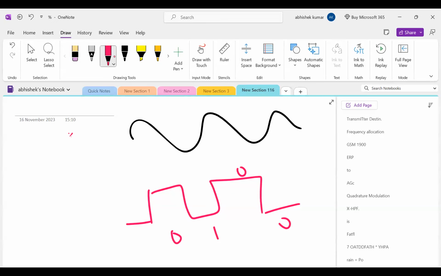Can you open the question paper 2018-19? No, no, you can open it on your phone. I will just dictate to you.